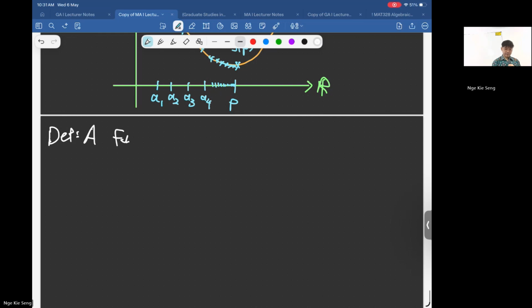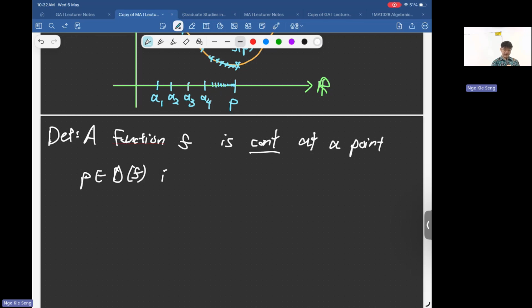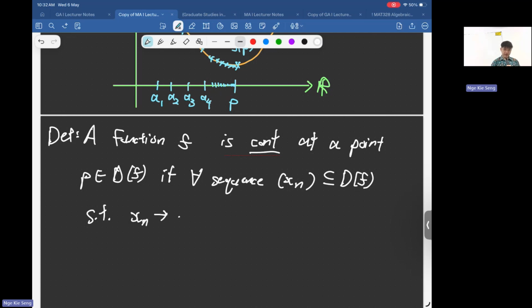A function f is continuous at a single point P if for every sequence Sn that you pick from your domain, such that Sn converges to P, then the sequence of F(Sn) will also converge to F(P).